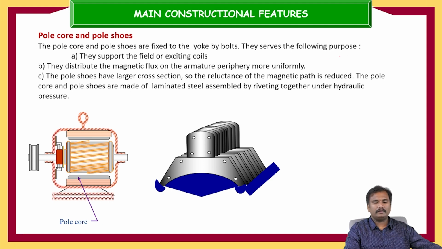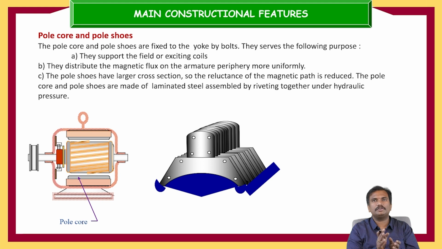These are going to serve the following purpose. They support the field or exciting coils. Here we are going to place the field coils, and they distribute the magnetic flux on the armature periphery more uniformly.